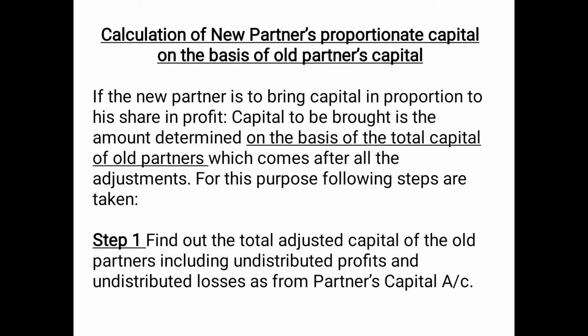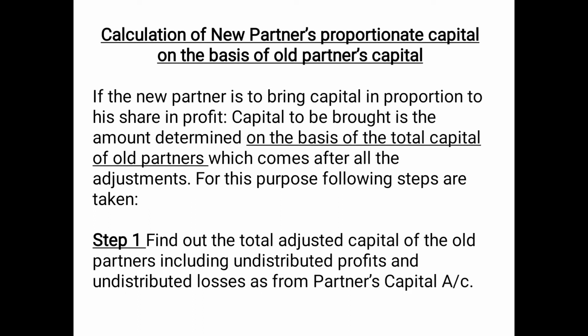Step number 1. Find out the total adjusted capital of old partners, including undistributed profits and undistributed losses, as from partners' capital account. That means the very first step while calculating the proportionate capital of the new partner is that we have to calculate the corrected adjusted capital of all the old partners.